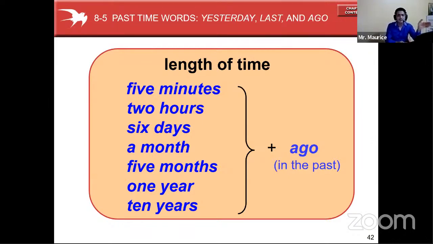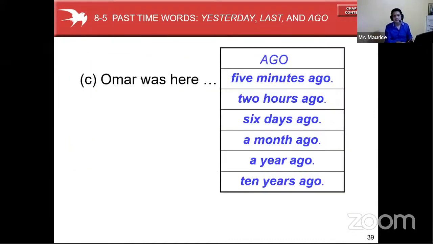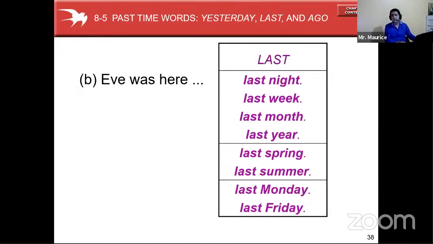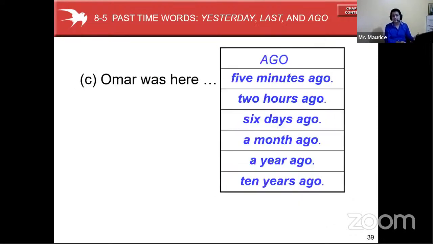A month ago, hace un mes. 5 months ago, 1 year ago, 10 years ago, and so on. Okay. Por favor, tengan presente estas cláusulas de tiempo. Yesterday. Then we have last and ago.